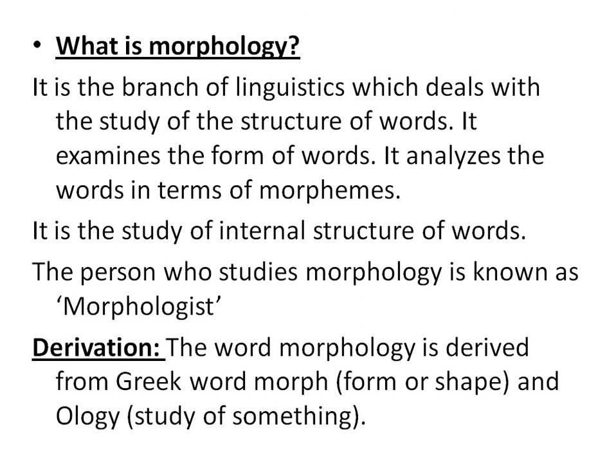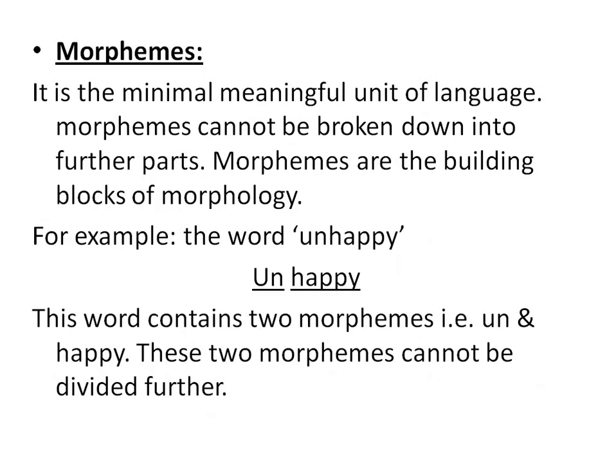Now moving on towards the morphemes. Morphemes are basically the structural units of morphology. Morphology analyzes the structure and form of words with the help of morphemes. So what is a morpheme? A morpheme is the minimal meaningful unit of language.